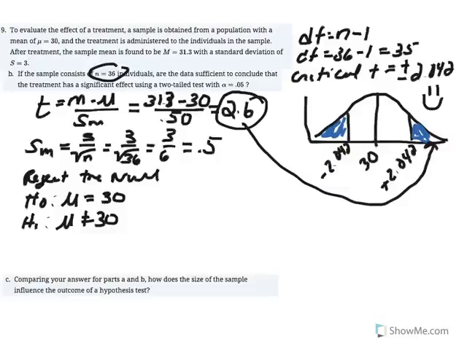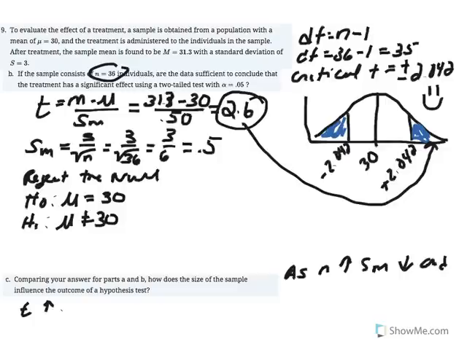And that brings us to this last question, C: comparing your answers from parts A and B, how does the size of the sample influence the outcomes? We talked about this relationship in the last chapter, and we recognized that as n increases, variability, which in this chapter is denoted by the estimated standard error, decreases, and in this case our t increases.